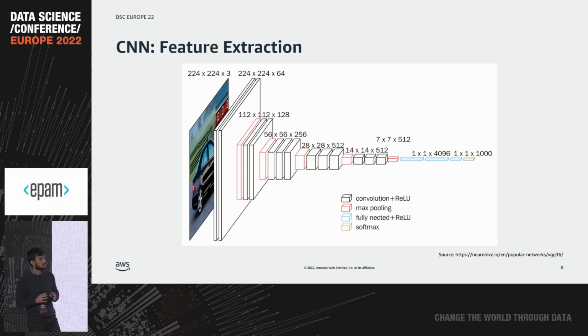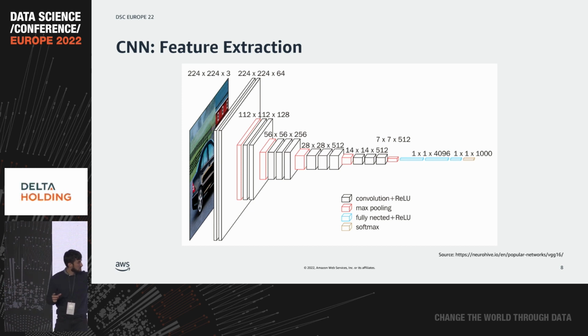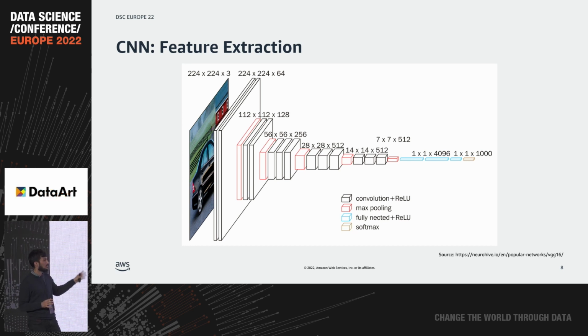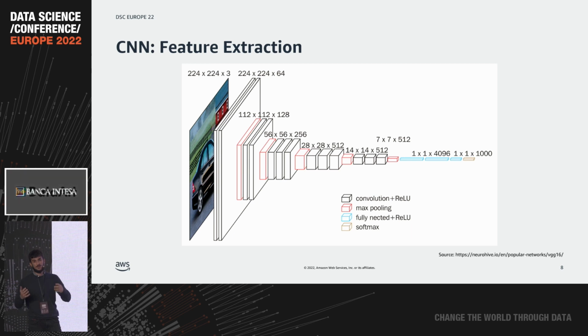The objective is to reduce it enough so the same information that was contained in the image can be described as a feature vector. In this case, in the last layer, we have 1,000 data points that describe the image in a way that is much better than I could do by describing it myself.